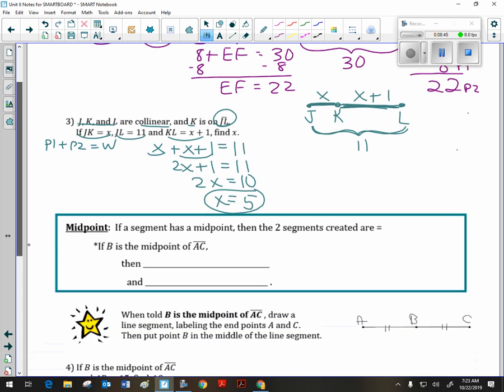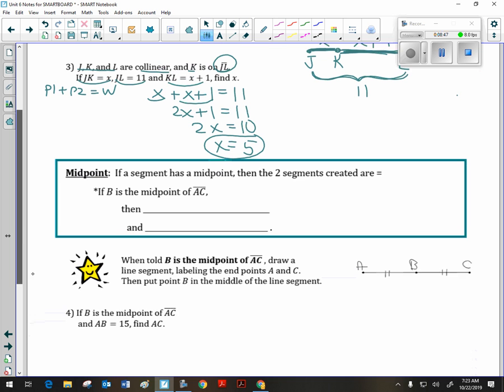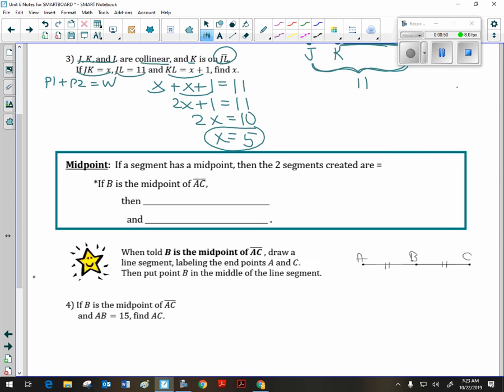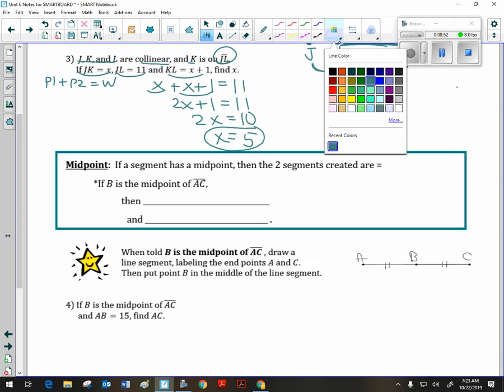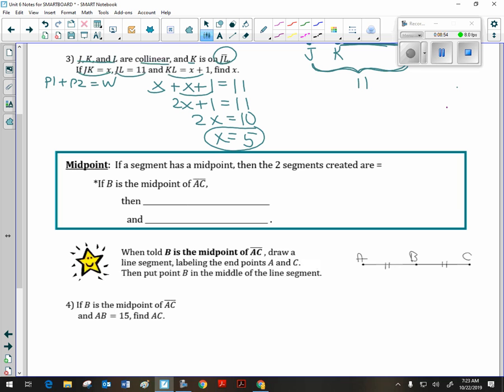The next section changes a little bit what it is that we've been doing. And in this situation, they're actually telling us that we will have a midpoint. And if a segment has a midpoint, then the two parts are going to be equal. Notice the change in the wording here.